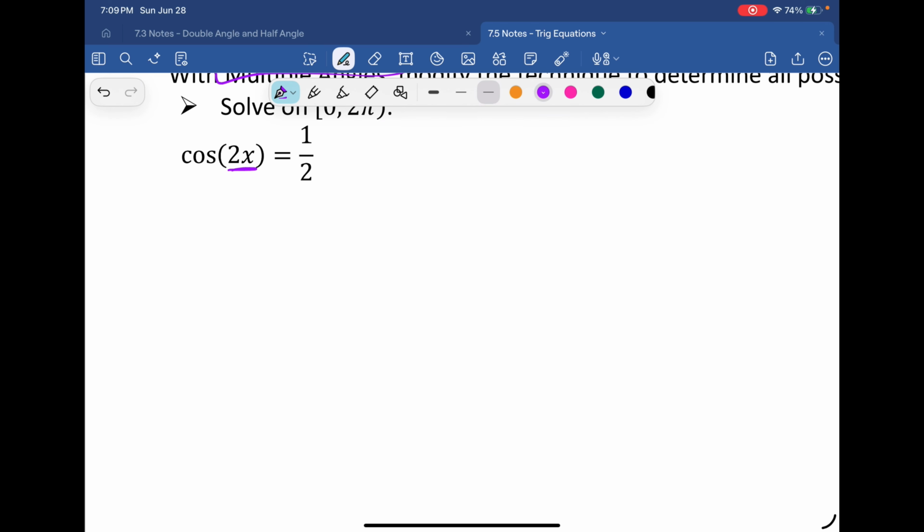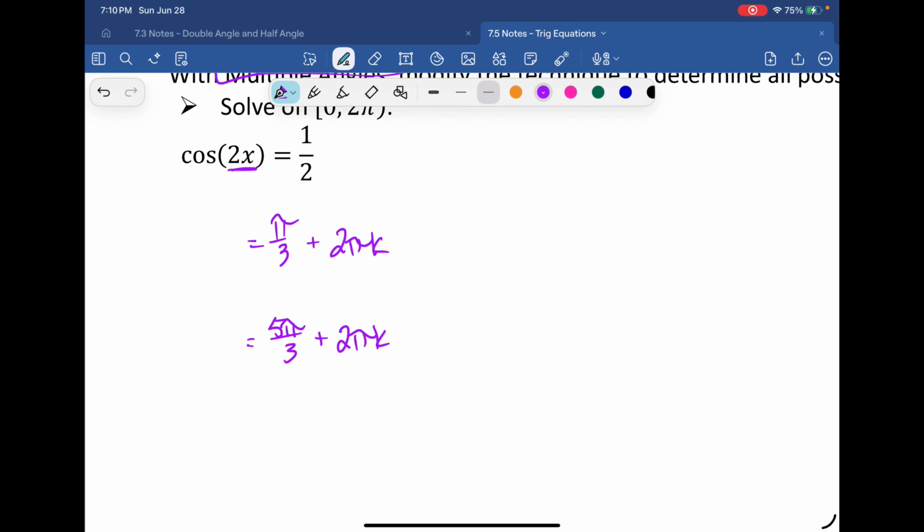So I'm thinking what angles on my unit circle have an x of 1/2. Well, it's pi over 3, and that is 5 pi over 3. So all solutions would be plus 2 pi k.